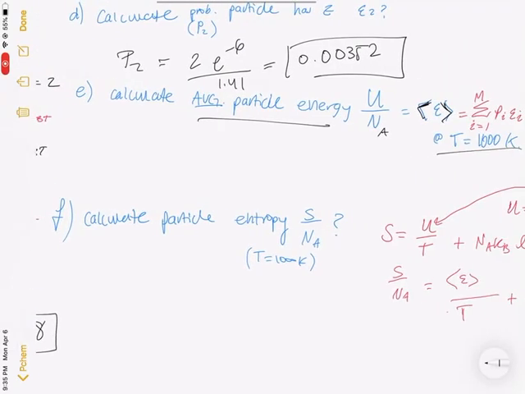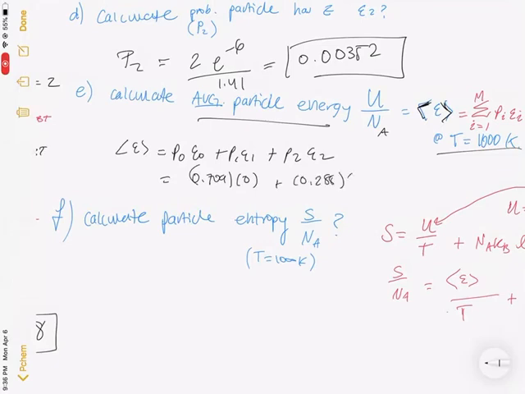To do that, you take the sum of the energy levels, which is equal to P0 E0 plus P1 E1 plus P2 E2. You end up having 0.709 times 0 plus 0.288 times 2 kBT, and we already have T, which is 1,000 Kelvin, plus 0.00352 times 6 kBT.